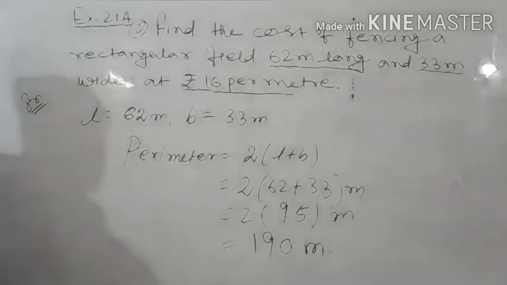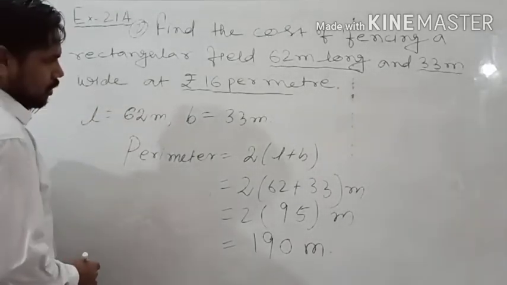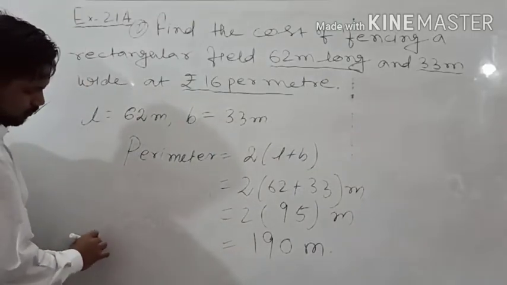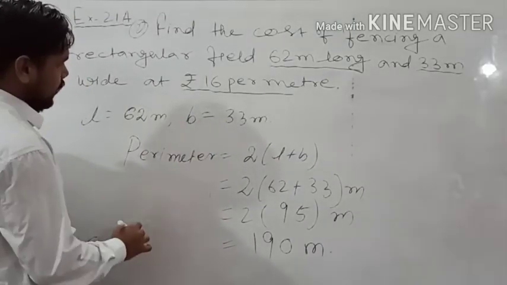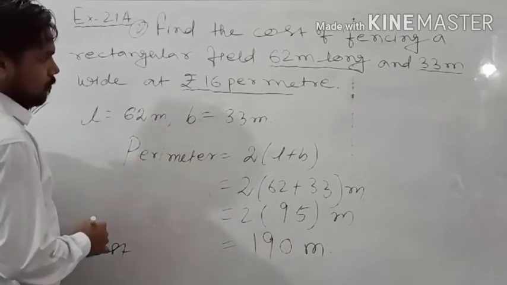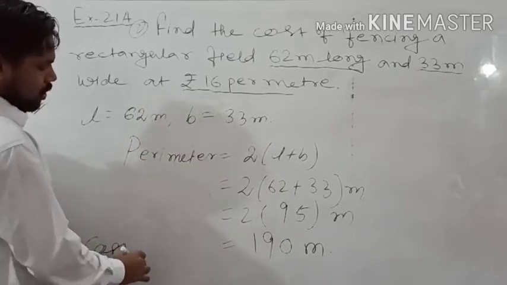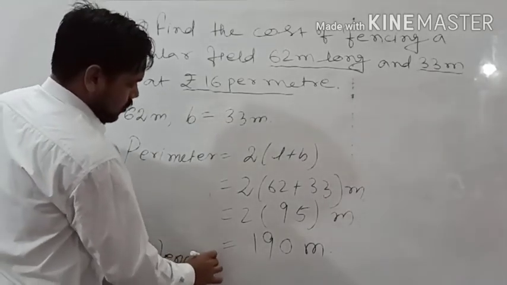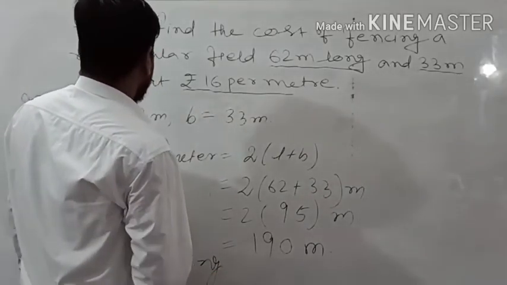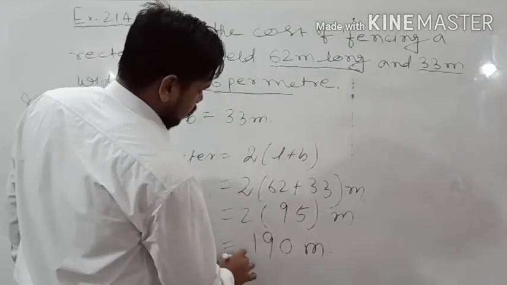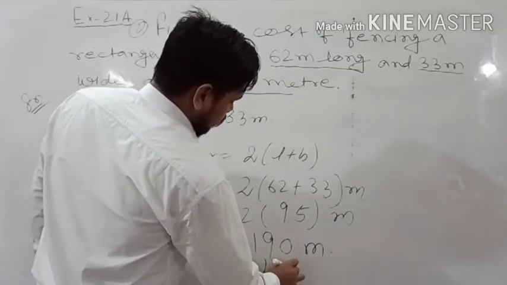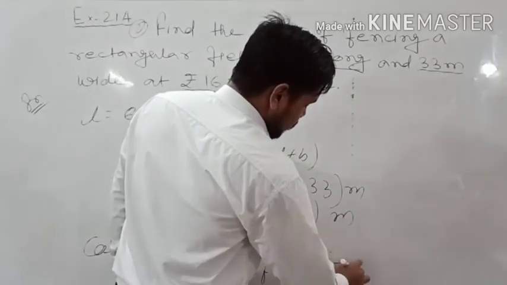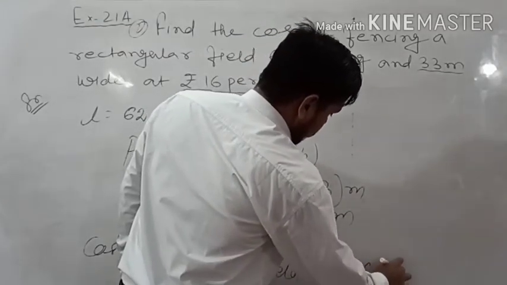Now you have to find the cost. The cost of fencing the field is rupees 16 per meter.